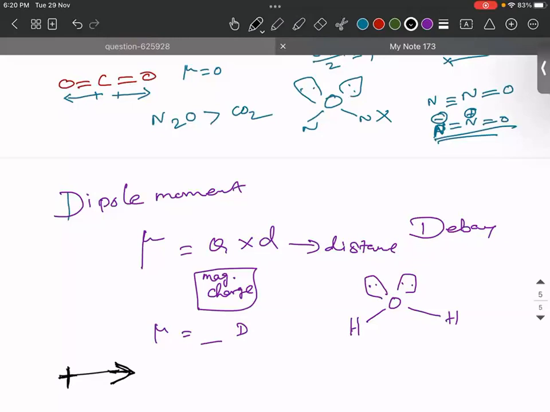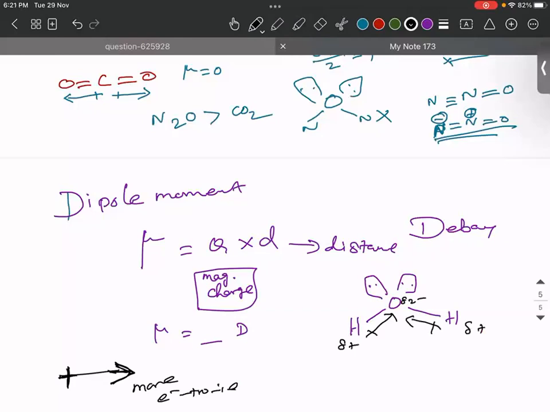Towards oxygen, the more electronegative part. Correct? Where it started becomes positive. So it will go like this. This is the dipole moment diagram for the water molecule. Then oxygen becomes delta minus, and the hydrogens become delta plus. So this is what you have to draw.